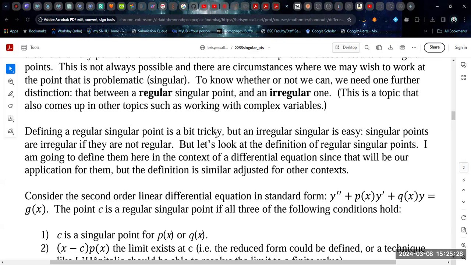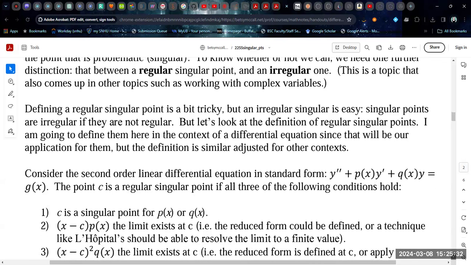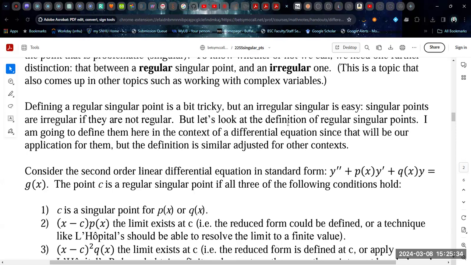At least that's where I've encountered it for the most part. Now, defining a regular singular point is a bit tricky, but an irregular one is easy. Singular points are irregular if they're not regular.